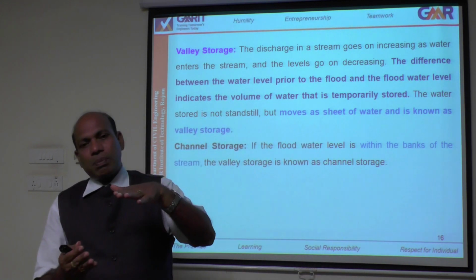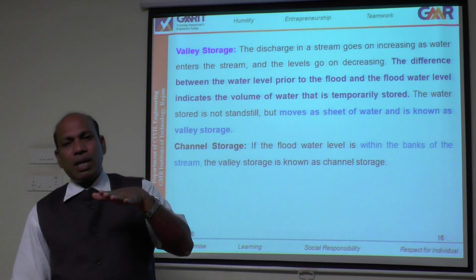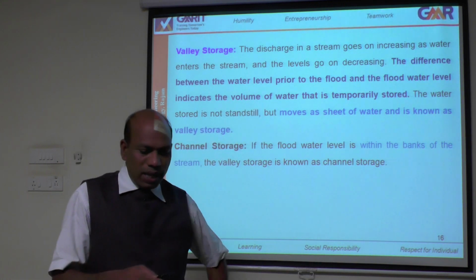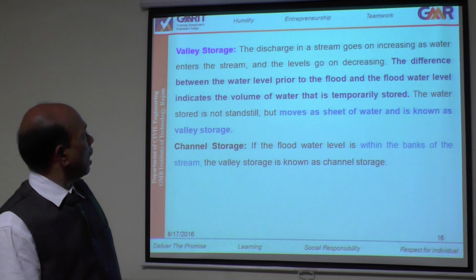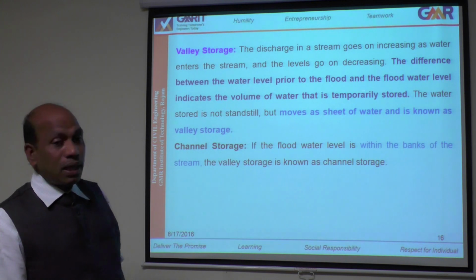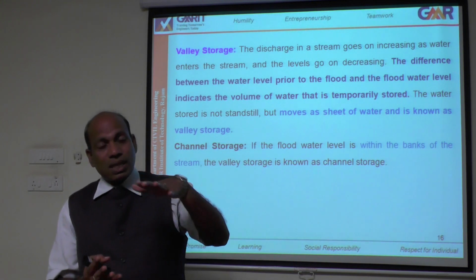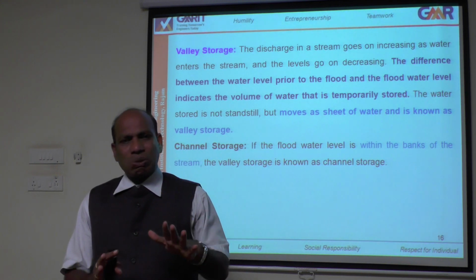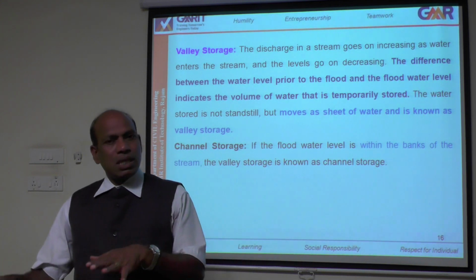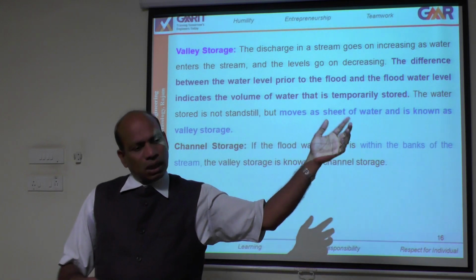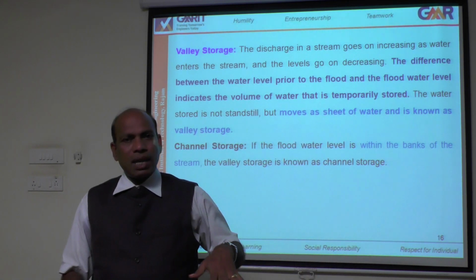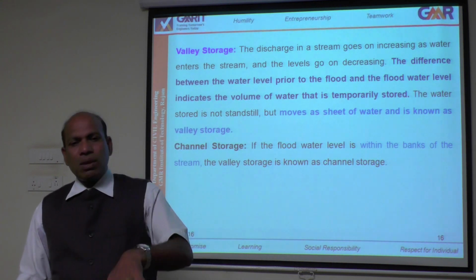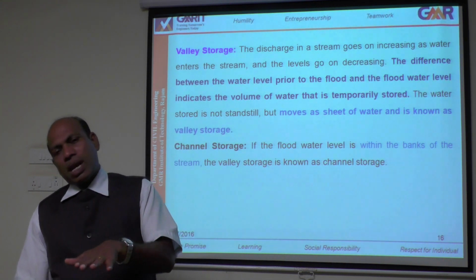The level difference between the earlier level and the flood water level is known as the valley storage of that stream. This valley storage is not permanent. It is just temporarily stored, temporarily moving in the stream after the end of the rainfall. When the water stops coming from the catchment area, after some period of time it flows out and the stream again reaches the earlier level.